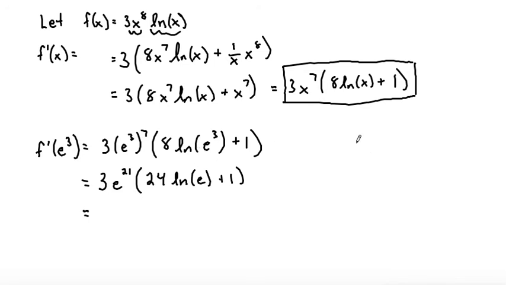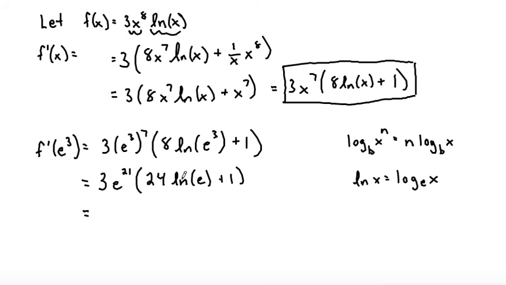But this rule is that if we have a log base b of x to the power of n, we can bring that n down to the front to make it n log base b of x. So that's what I did here, where the natural log of x is the same thing as log base e.